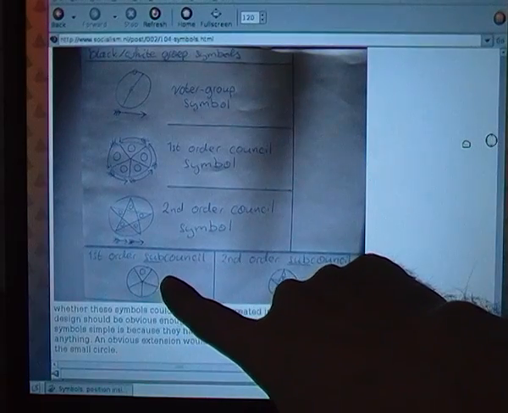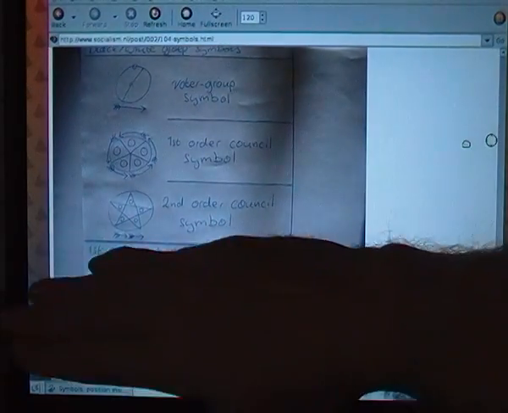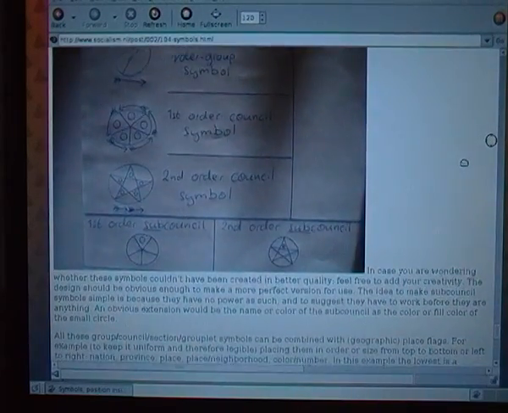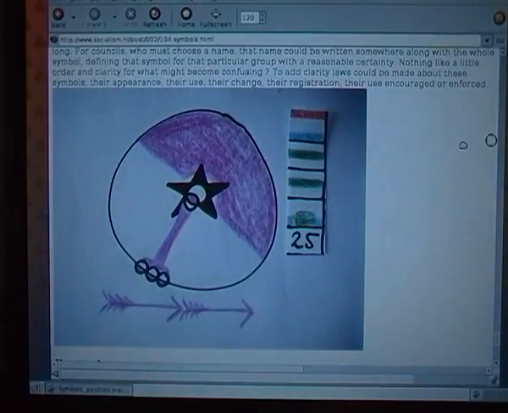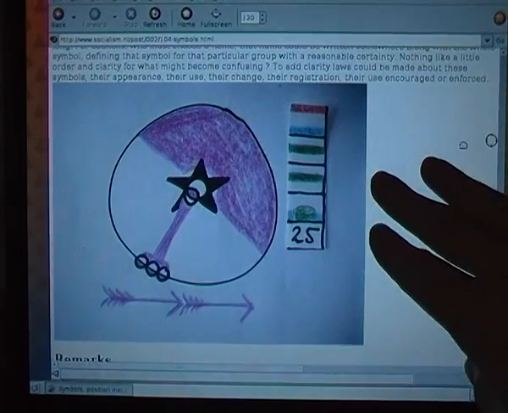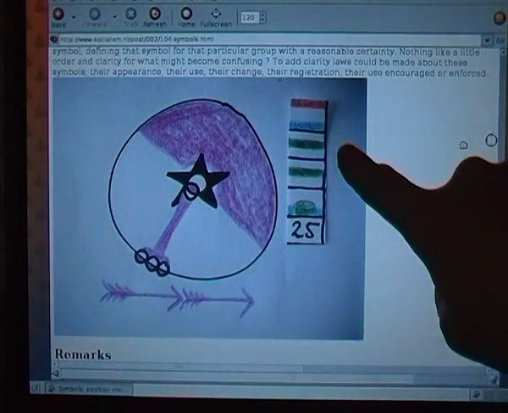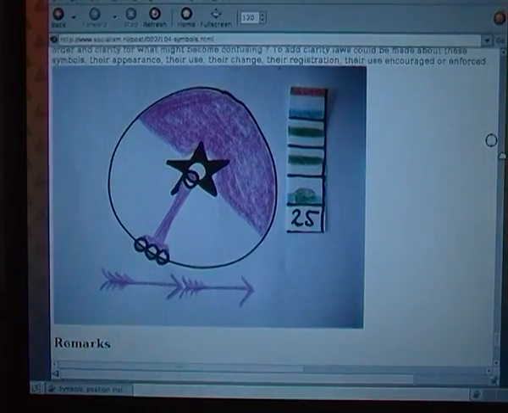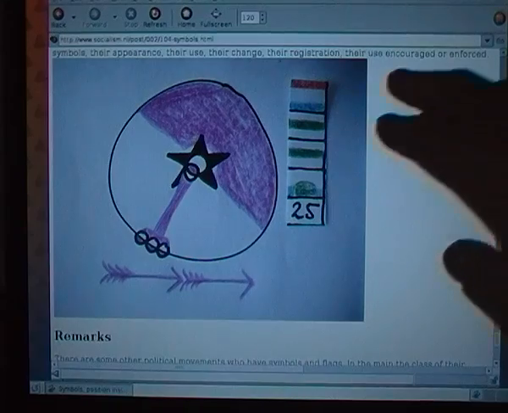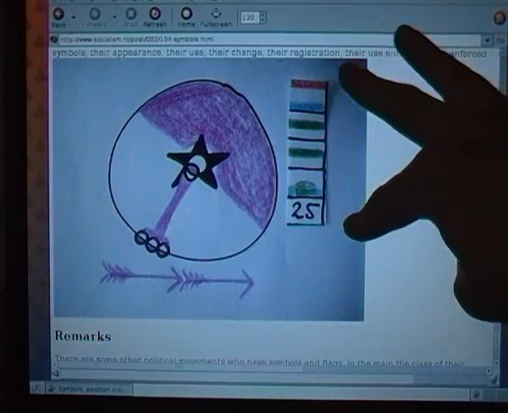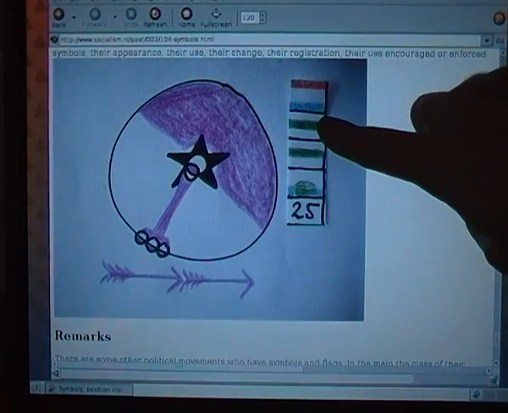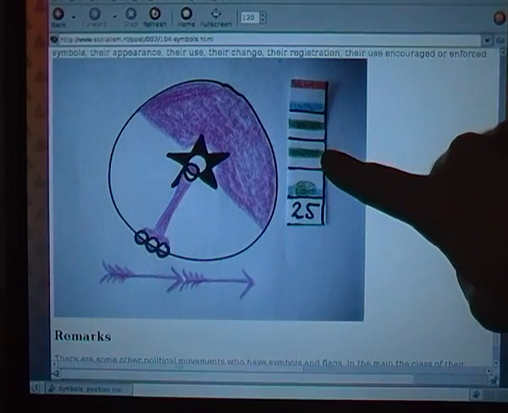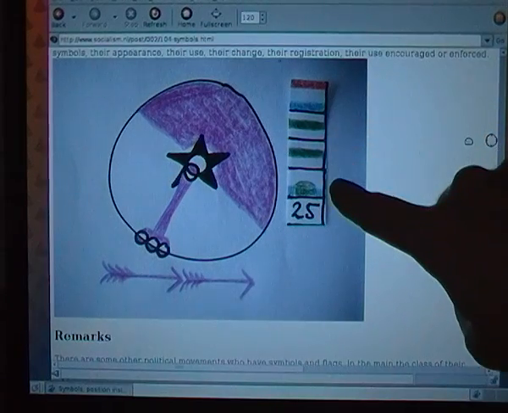This is another issue, so-called sub-councils. And here it is augmented with a symbolized identity. For this is the nation, the province, the city. This for example would be Groningen.